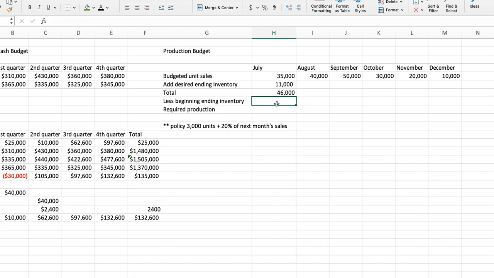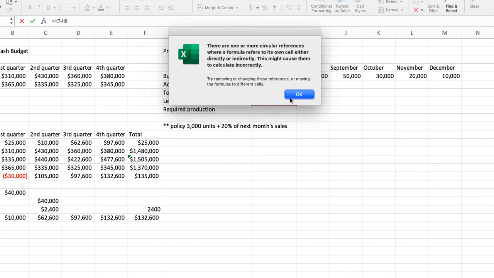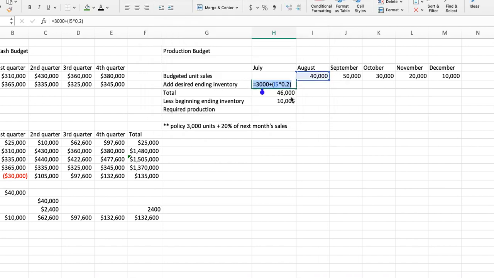But we began the quarter with something. And that's actually given to us. It was 10,000. And if you look, that would be your 3,000 plus 20% of that. So my required production is what I need minus what I started the month with. And I just did a circular reference. Hang on. I was in the wrong column. Okay, there we go.